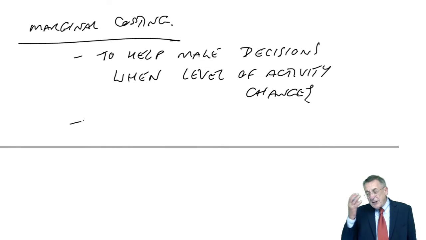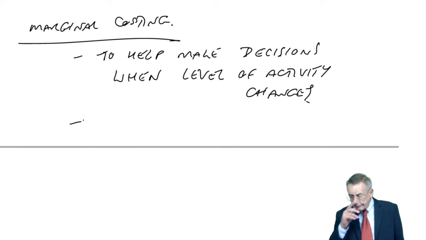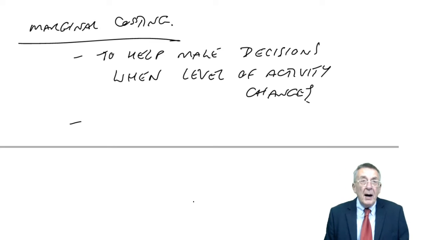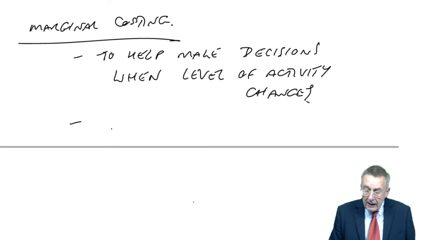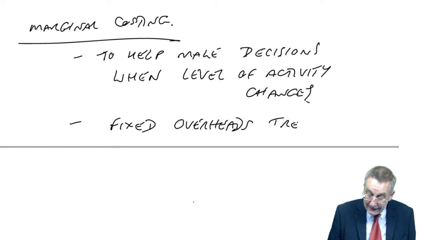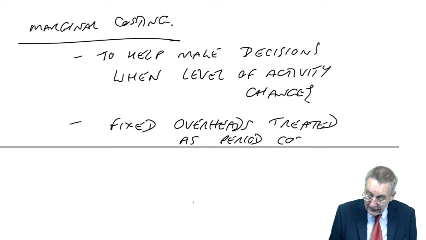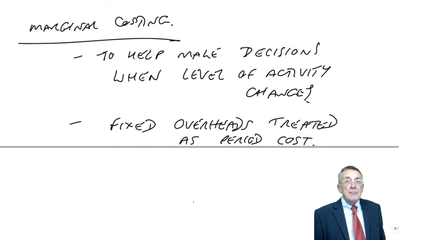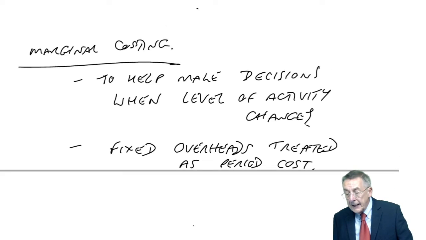Something I think is slightly less important, but even so, with marginal costing, fixed overheads are treated as a period cost. What I mean by that, think back to my example here.